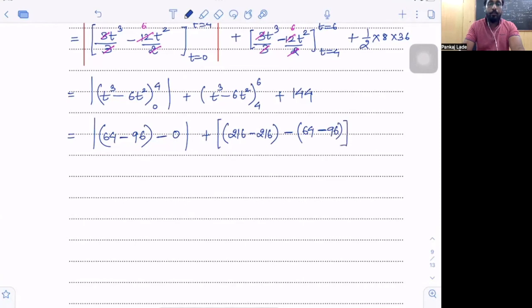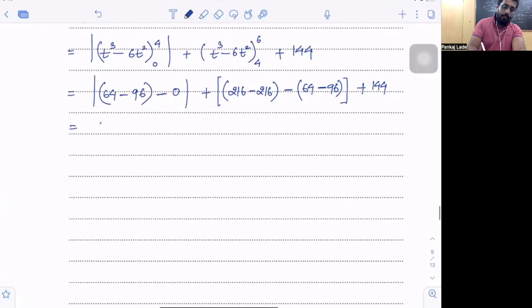Okay, no need to keep the modulus sign over here, because here the positive answer is going to come, plus 144. So 64 minus 96 gave me minus 32 inside the modulus sign. So I write plus 32 over here, plus 216 minus 216, that's 0. Minus again minus 32, that becomes plus 32 and plus 144.